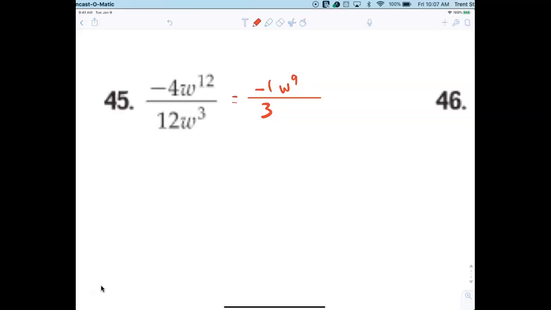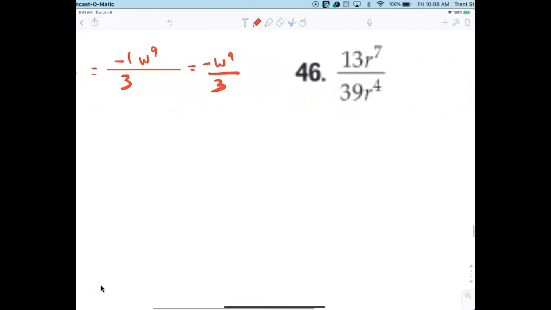How many W's? No, there are how many? 12. How many on the bottom? So if you cross 3 of them out, you with me on that, right? All right. No, that's good. You could just write this as negative W to the 9th over 3 if you want, which is perfectly fine. All right. Let's check out 47.